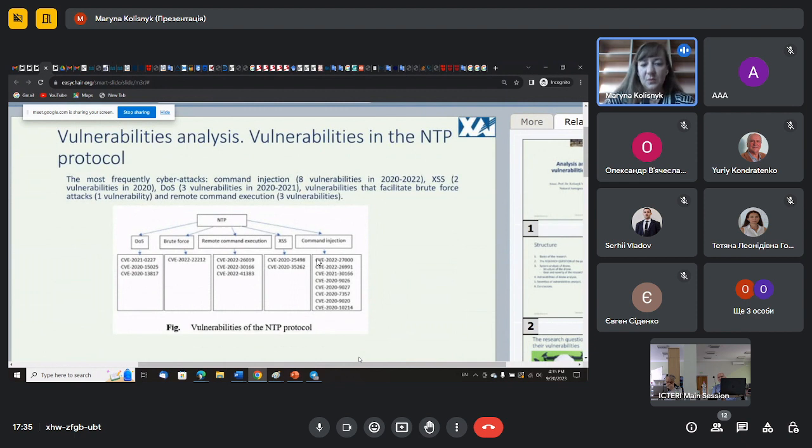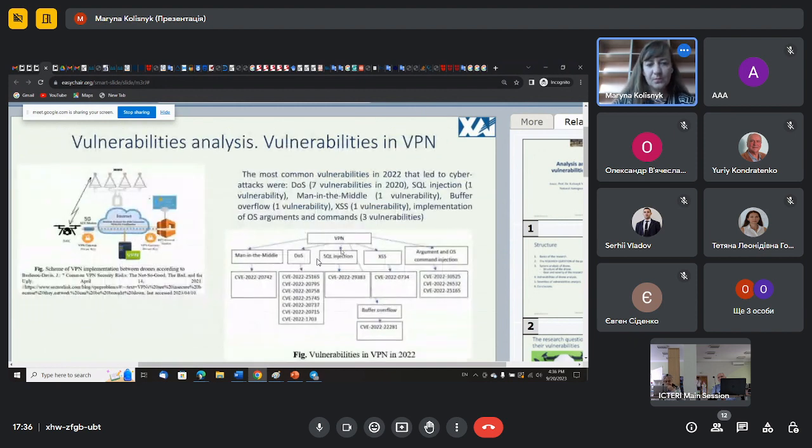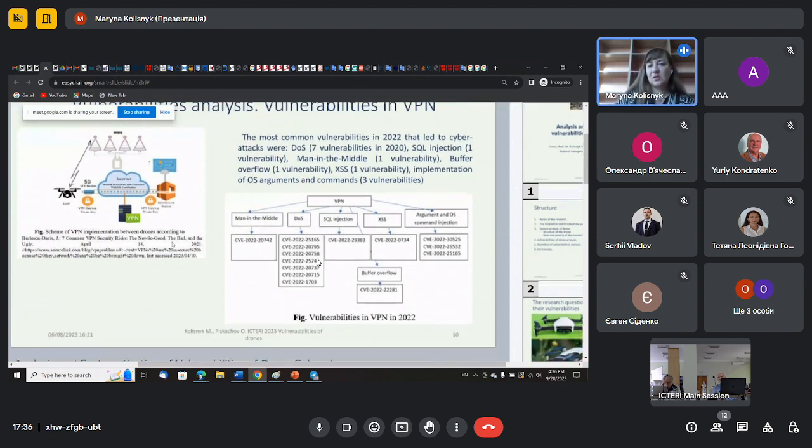Also, in the NTP protocol, we found that it can be DOS, brute force, remote command execution, script attacks, command injections. Also about VPN. Yes, drones can use VPN. You can find that there are some VPN cybersecurity risks, and in vulnerability databases, we use different ones.